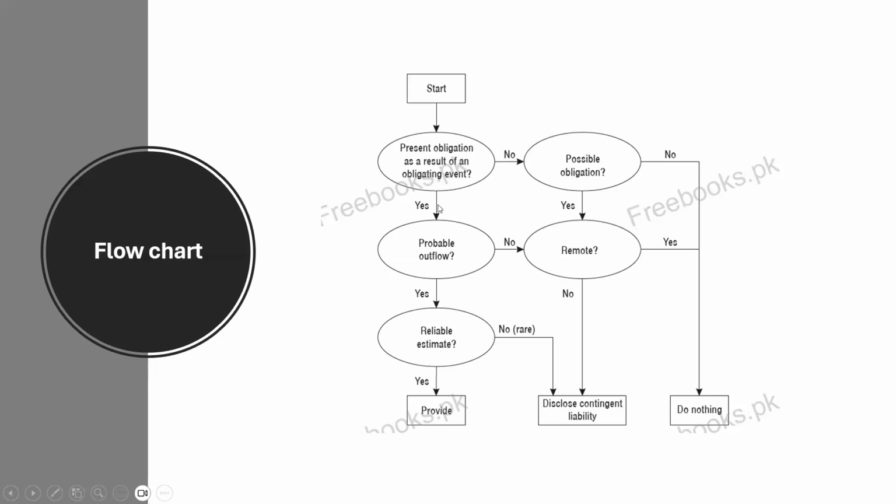If yes, then you should ask yourself again, is there any probability of cash outflow as a result of this consequence? Yes. Then ask yourself another question. Do you have a reliable measure or reliable estimate of the provision? Yes, then you've got to provide. Otherwise, disclose a contingent liability.